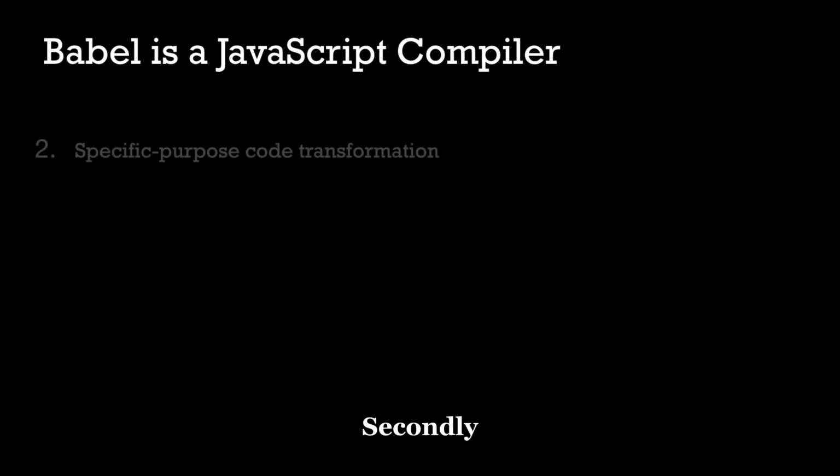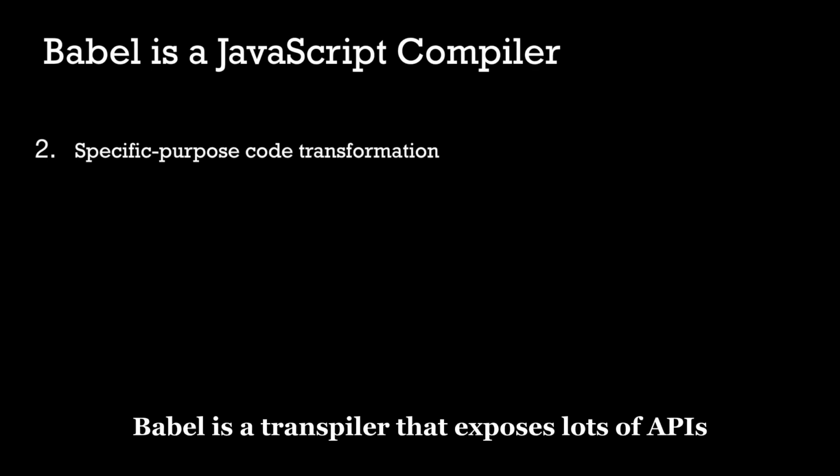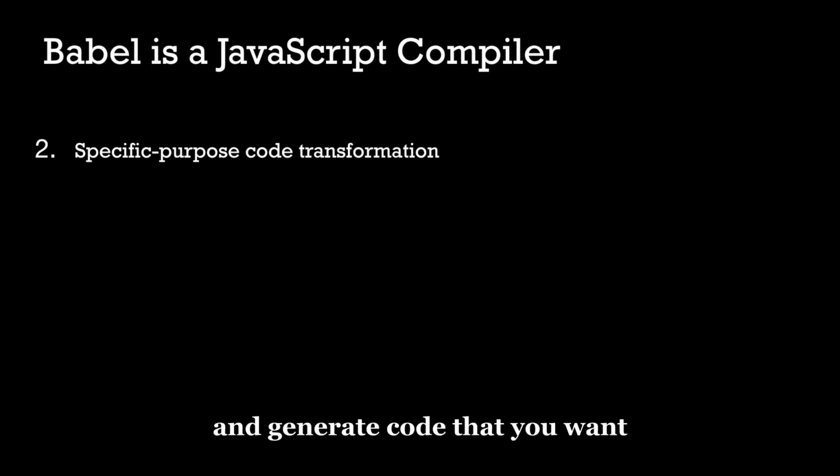Secondly, some specific purpose code transformations can be done with Babel. Babel is a transpiler that exposes lots of APIs, which can be used to parse code to AST, transform AST, and generate code that you want.